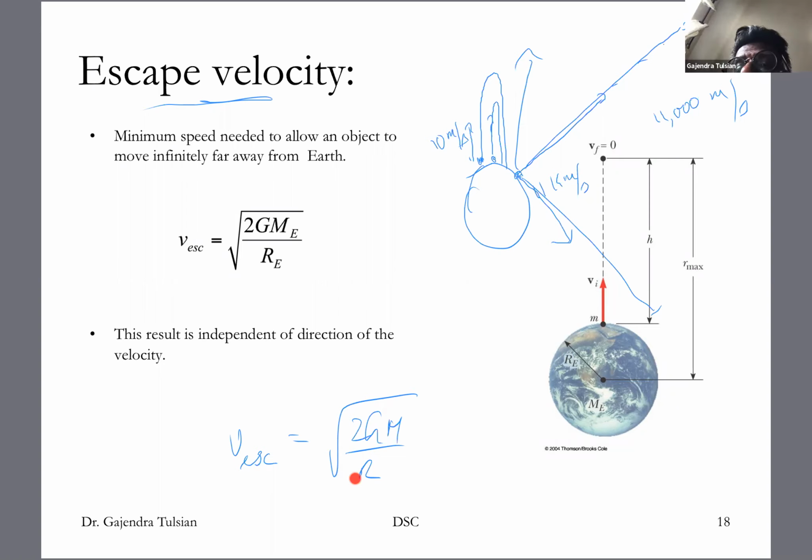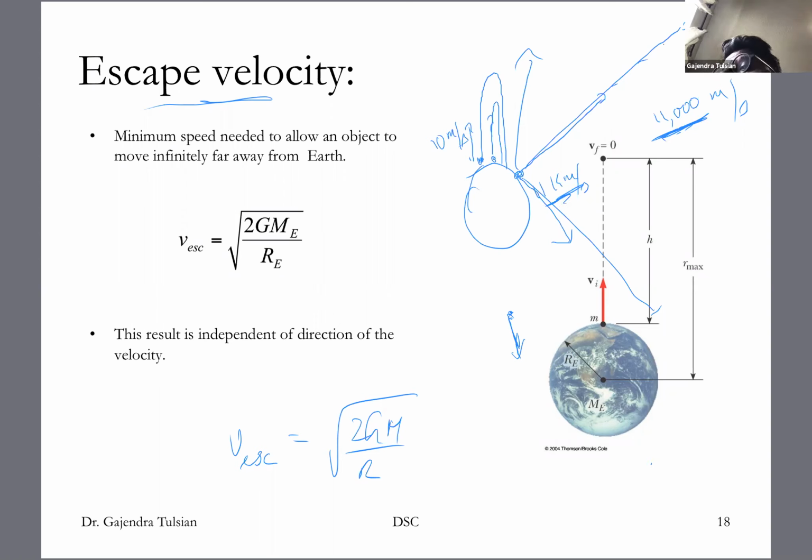So from the surface of the Earth, the escape velocity is 11 kilometers a second. You can calculate the escape velocity from the Earth from a greater distance, and that'll be lower. But anyway, you can calculate the escape velocity from any point.